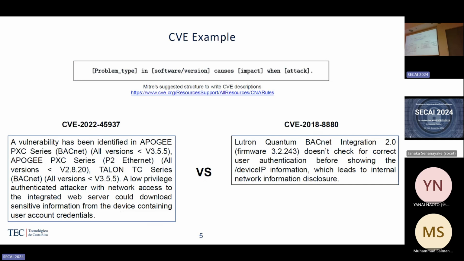Basically, what we have there is software and version, but CVEs are one to many. That means I can have one CVE with multiple devices or software that are vulnerable to that vulnerability, right? So in that case, it uses several names with several different versions.